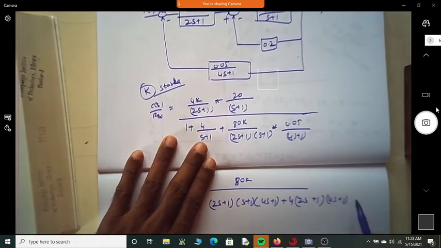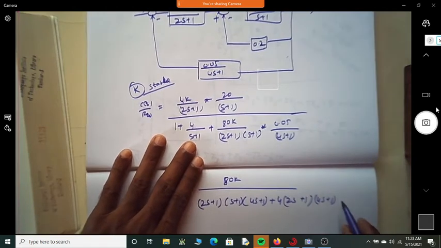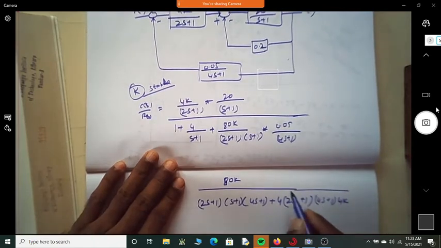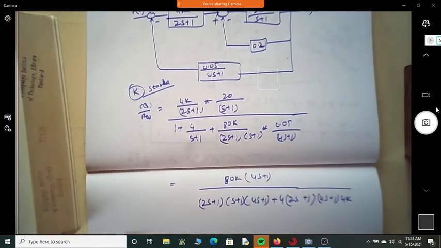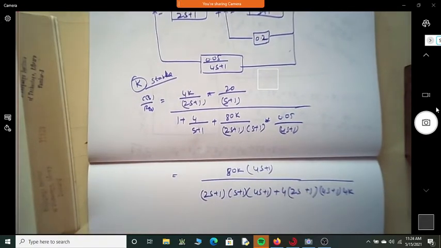Will it be 4k? Then will it become 4s plus 1? Am I correct?